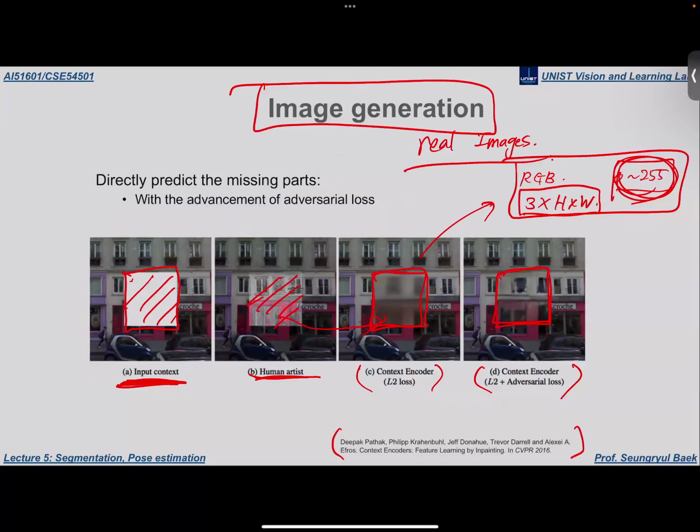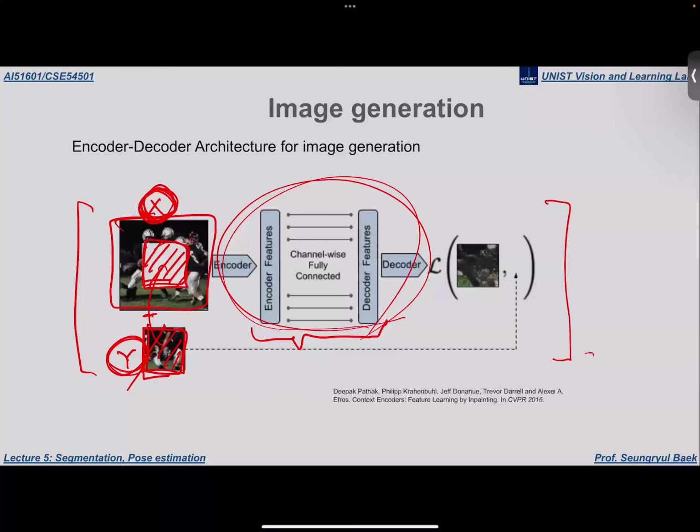But the thing is, if you do it like that using the L2 loss, here the loss might be the mean square error loss, we can use a loss function that brings our output Y close to this ground truth patch.